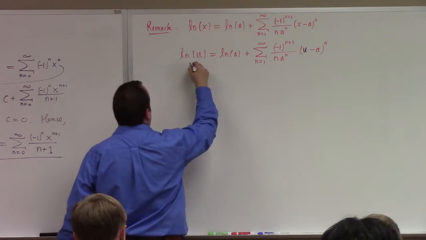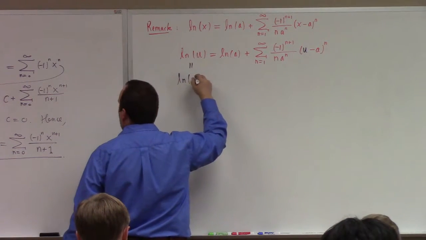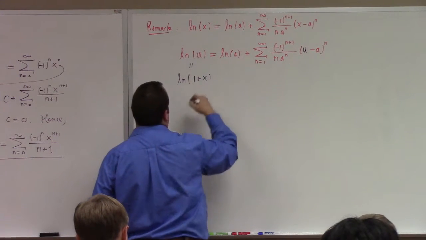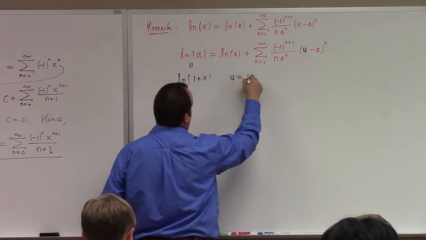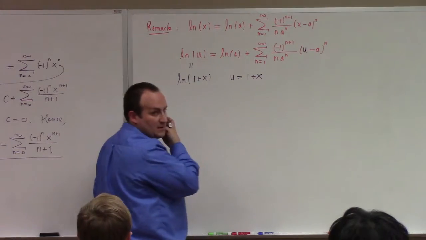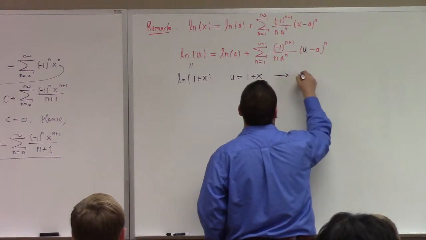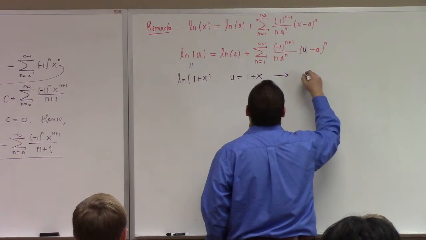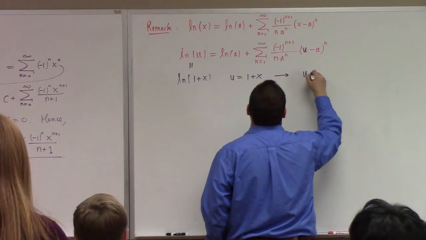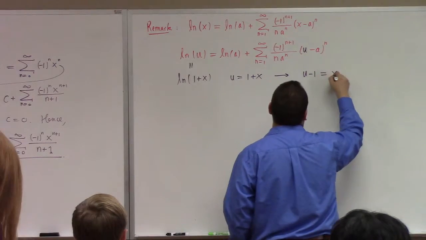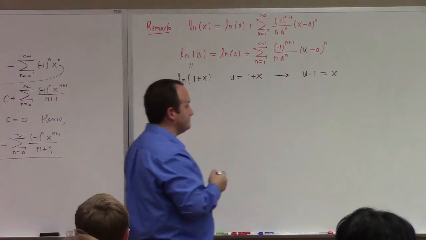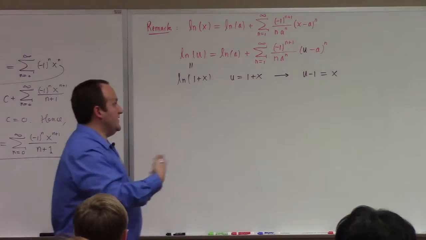So if I want this to be the natural log of 1 plus x, right? What's that say? I make u equal to 1 plus x, right? And if I make u equal to 1 plus x, that says that I want u minus 1 to be like x, right? Which suggests what?